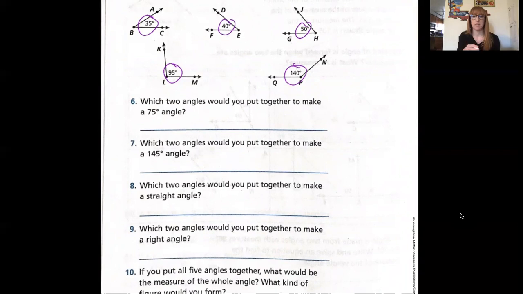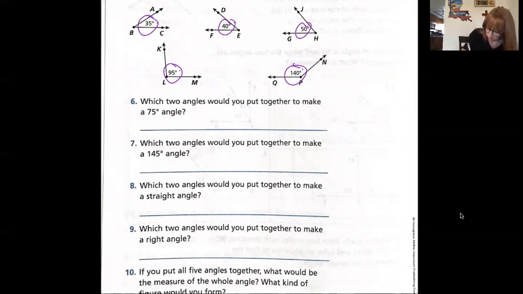What matters most is that when you're naming an angle, you have angle at the beginning, you have the angle symbol, and you have the vertex letter as the middle letter of your angle name. So which two angles would you put together to make a 75-degree angle? So if you look at each of these measures, you want to find the ones that make the most sense to add together to equal 75 degrees.